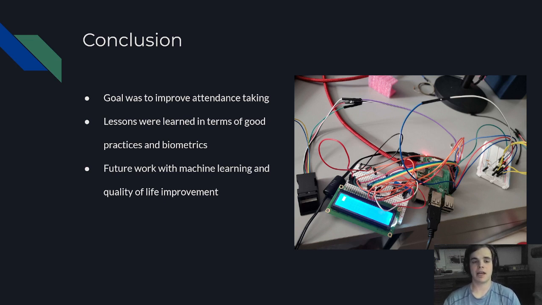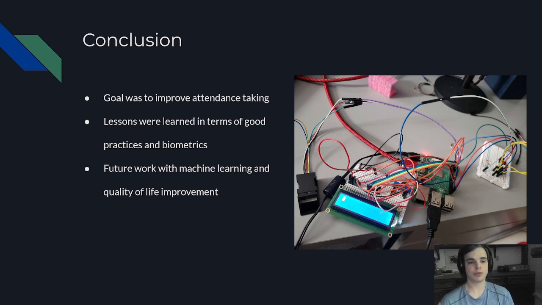And I learned a lot of lessons in doing this project as well, in terms of good practices with regression testing and only implementing things in a hierarchical way. And I also learned a lot of very interesting things about biometrics that I did not know before.